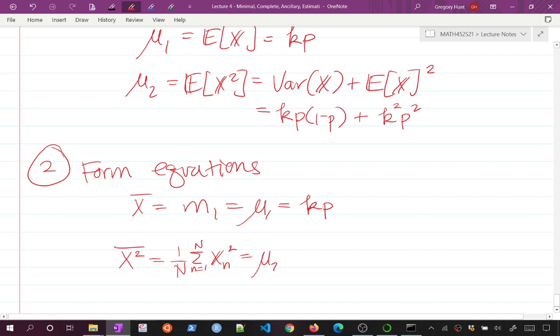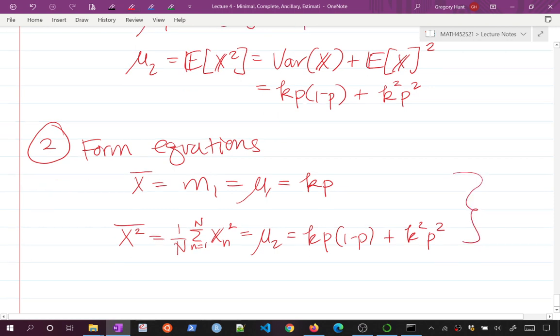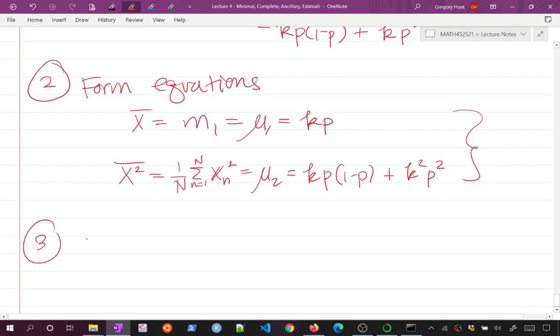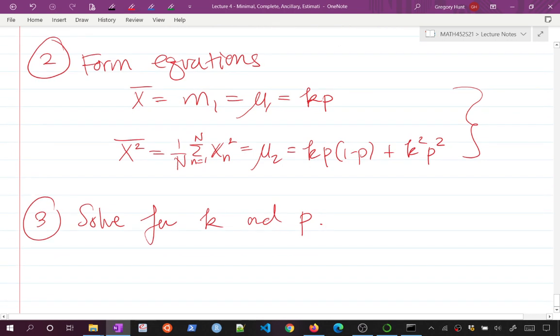That should be equal to my second moment, and we said our second moment is kp times 1 minus p plus k squared p squared. So 2 equations, 2 unknowns. Step 3, solve for k and p in terms of the x's.